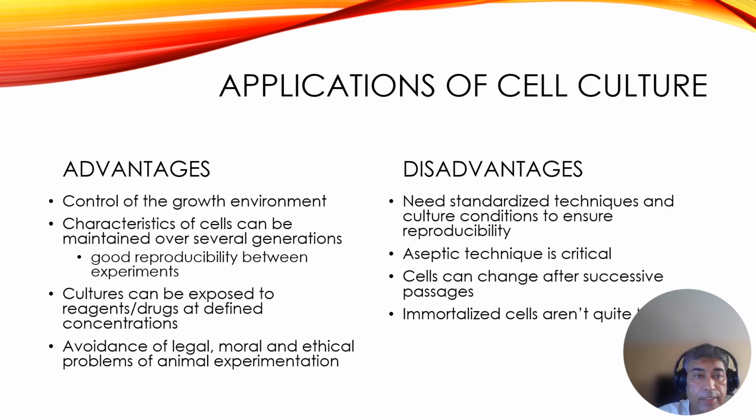Characteristics of cells can be maintained over several generations. Good reproducibility between experiments. Cultures can be exposed to reagents and drugs at defined concentrations. And avoidance of legal, moral, and ethical problems of animal experimentation.